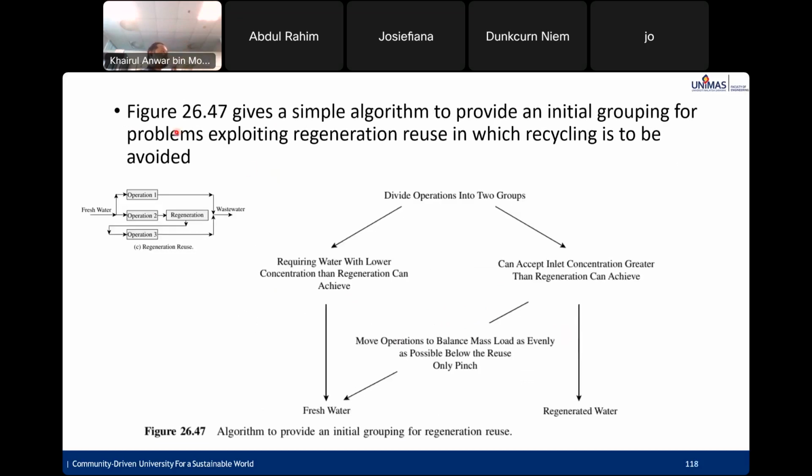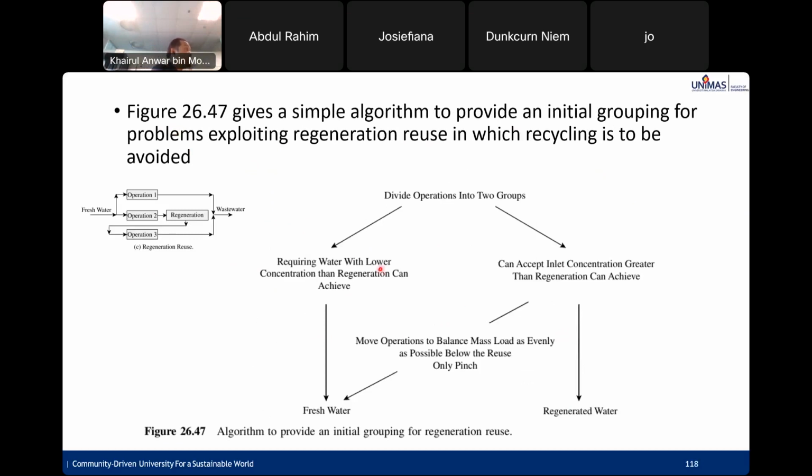Figure 26.47 gives a simple algorithm to provide an initial grouping for a problem exploiting regeneration reuse, in which recycling is to be avoided. So here you have two groups.